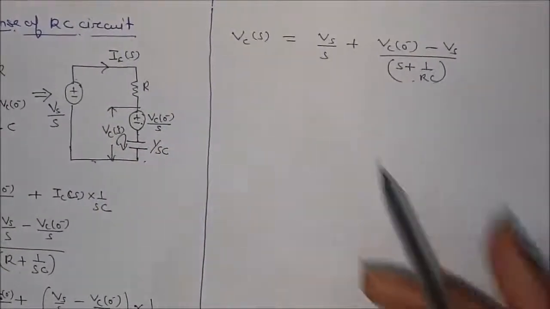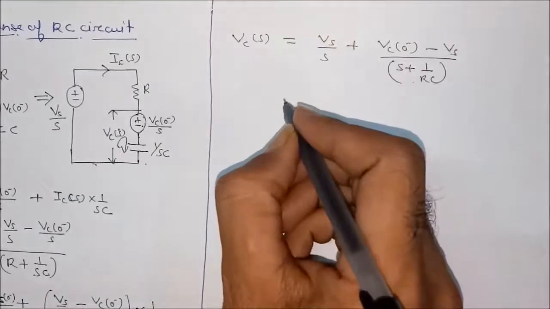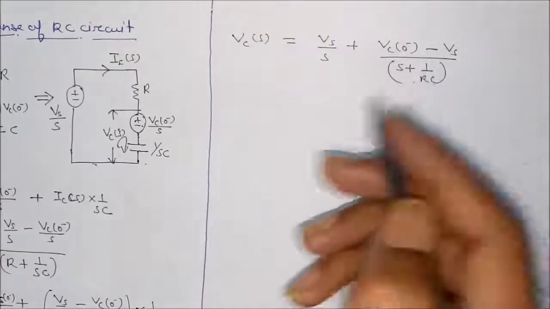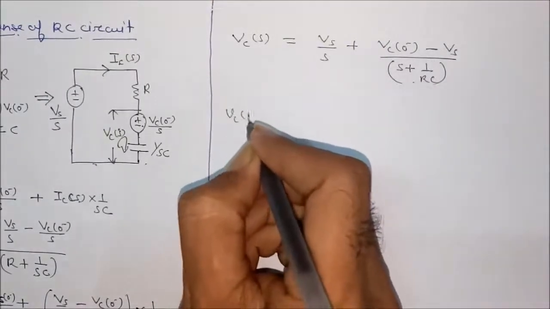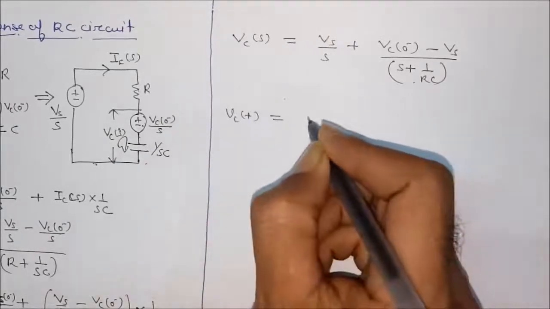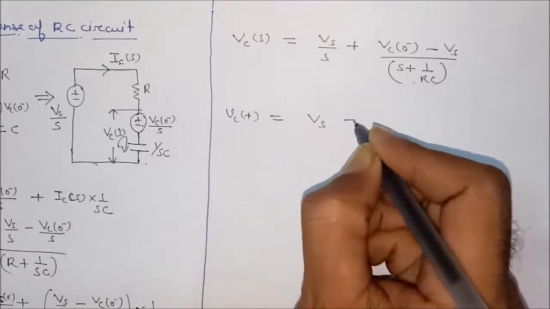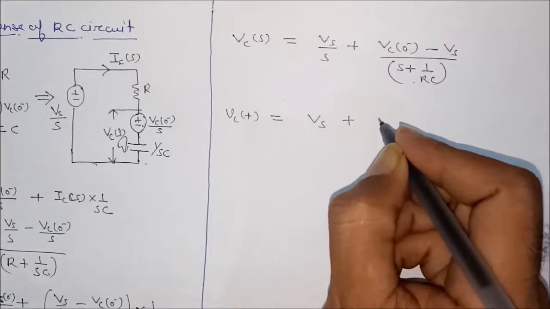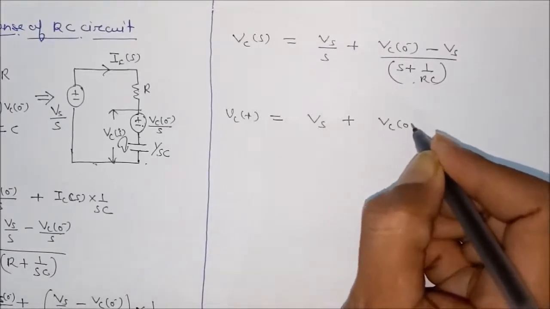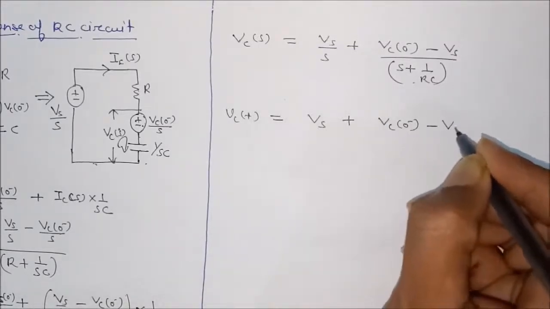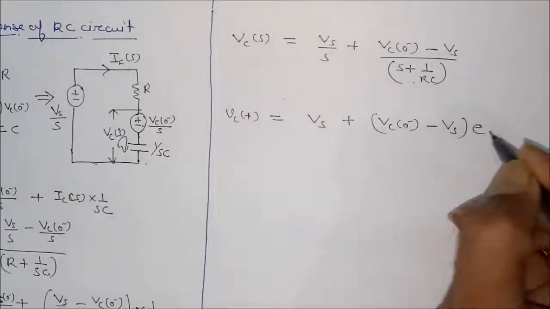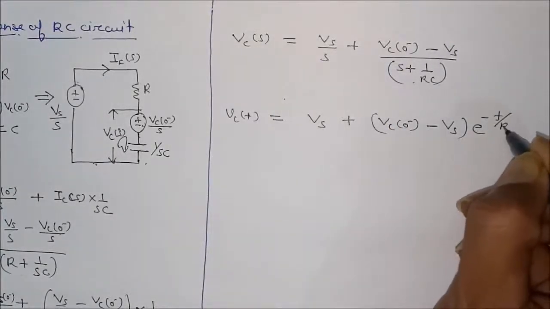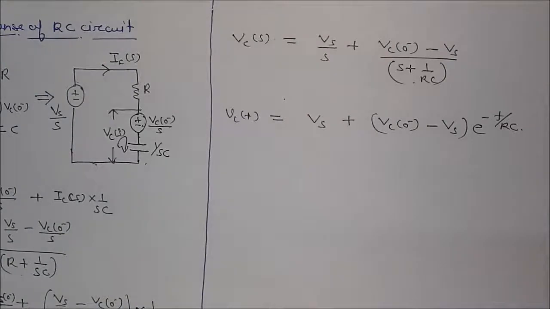So now if we take the inverse Laplace, what will I get? Vc(t) is equal to Vs plus Vc0 minus Vs e to the power minus t by RC. Is it okay?